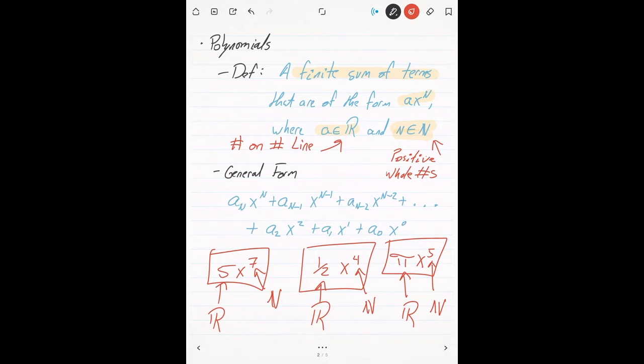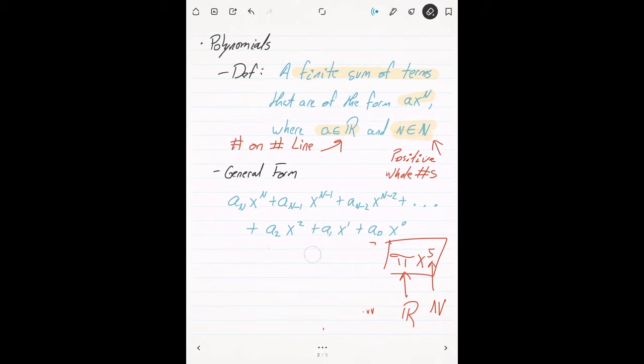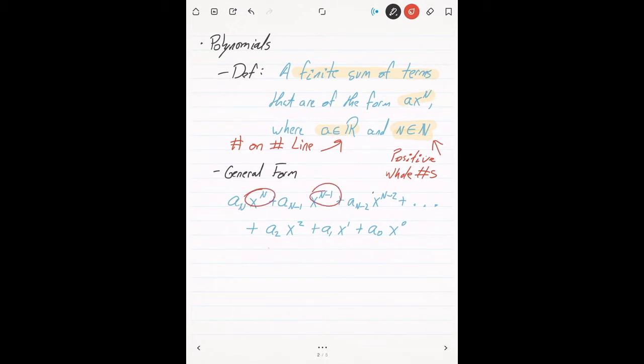It can be a term that we're adding into the polynomial. Now, in the form that we have here, you'll notice that the polynomial is arranged in a very specific way. Notice that the exponents always drop by 1 every time.